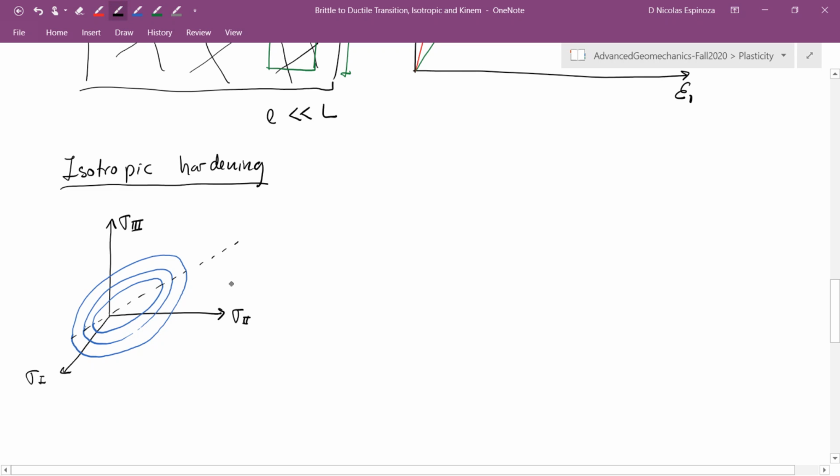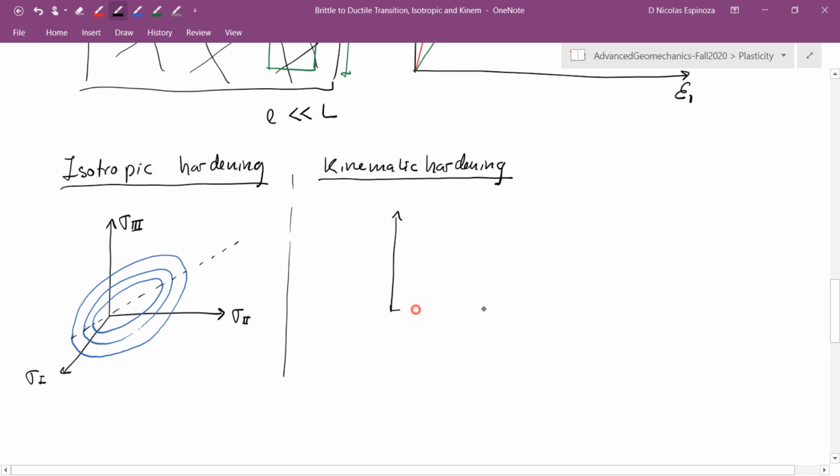Sometimes this is not the case, and instead what we have is something called kinematic hardening. We talked a little bit about the Kayenta model in previous lectures, and the Kayenta model is a model that can capture this kinematic hardening.